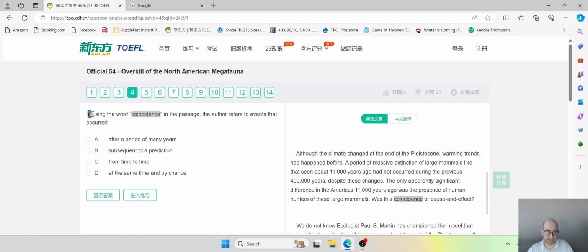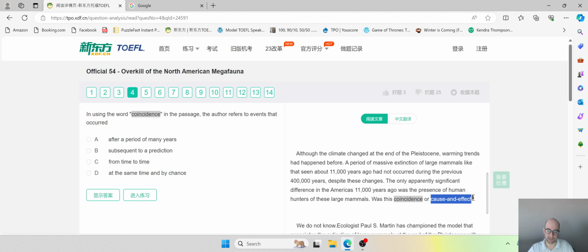They were saying, in using the word coincidence, in the passage, the author refers to events that occurred something. So with this one, we don't have a transition word nearby, and it is a question. But one thing that can give it away, the answer is cause and effect. So this is a huge key phrase, and it's a clue phrase.